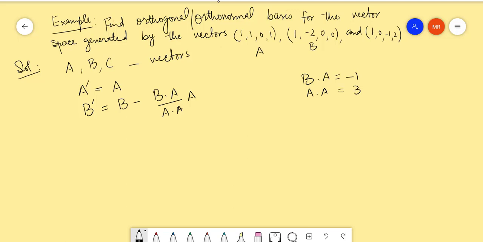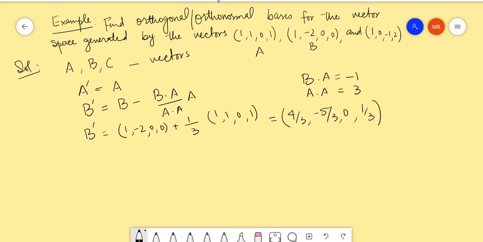Hence B dash is equal to (1, minus 2, 0, 0) minus (minus 1 over 3) times A, which is plus 1 over 3 times (1, 1, 0, 1), and hence it produces the vector (4/3, minus 5/3, 0, 1/3).